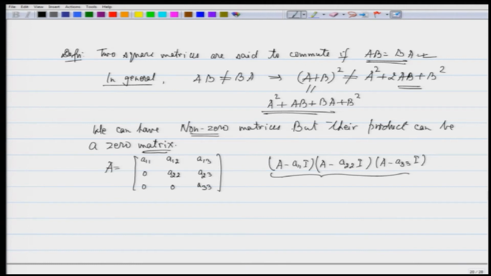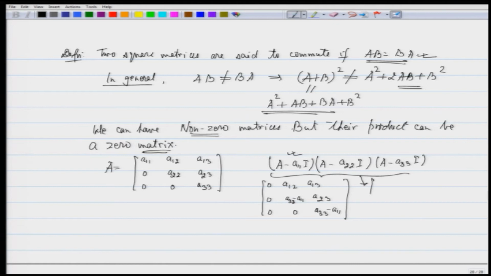If you look at the first matrix, it is 0, A12, A13, 0, A22 minus A11, A23, 0, 0, A33 minus A11.